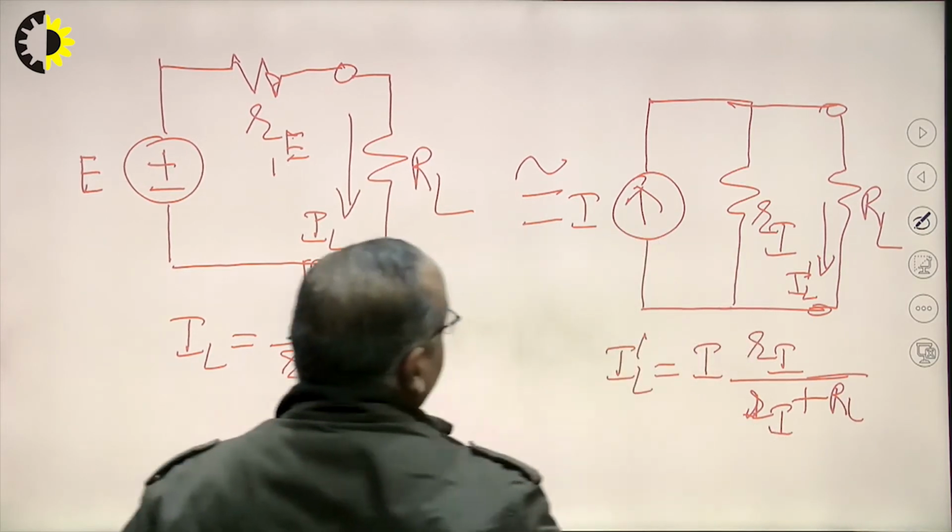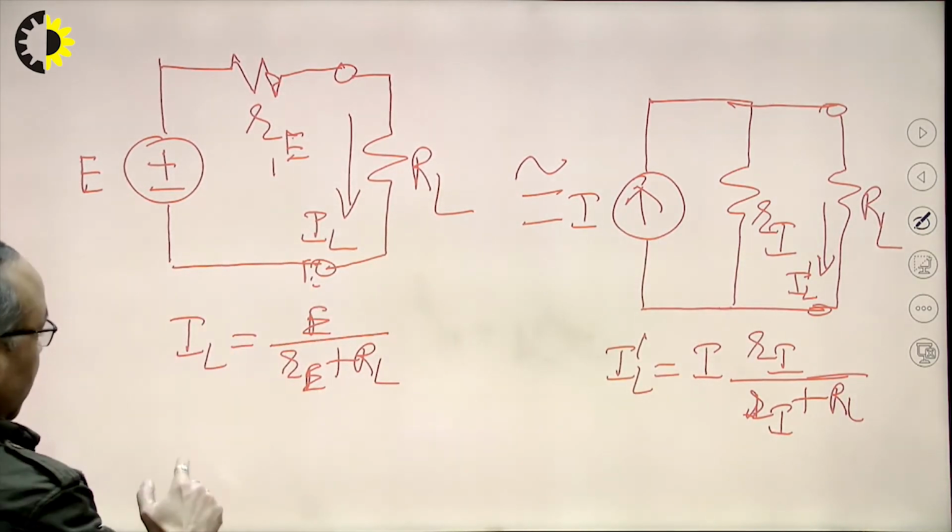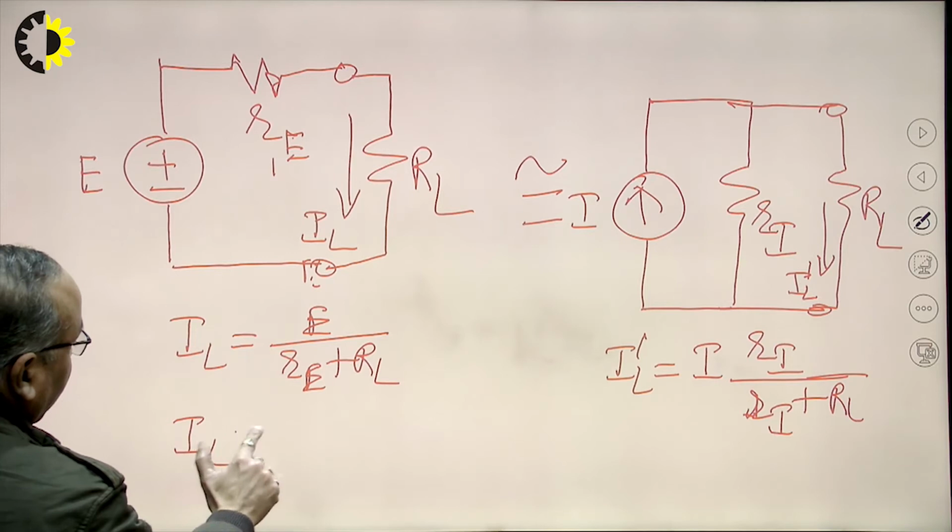Now, both these currents should be equal for the equivalency. So, I L should be equal to I L dash.